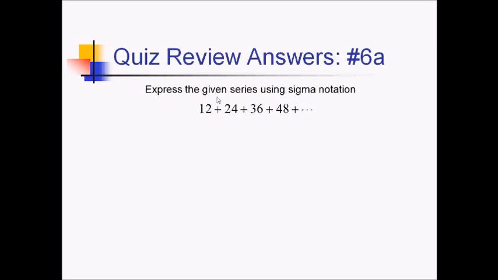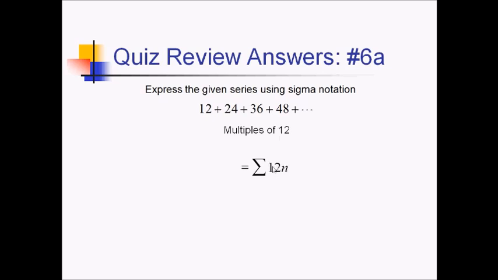On this one, we're trying to express this series in sigma form. So the key to this is figuring out the commonality between all these. Now we've got 12, 24, 36. These are all multiples of 12. That's kind of the common tie between all of them. So writing out our sigma form, we need a sigma, and we're also going to need a formula. If these are all multiples of 12, then 12 times n would be something we could work with.